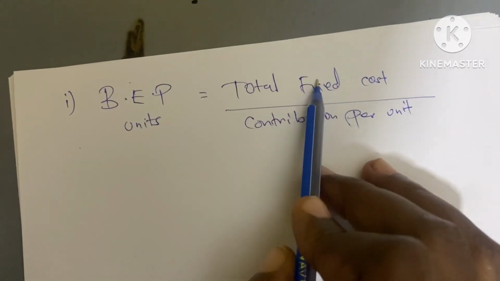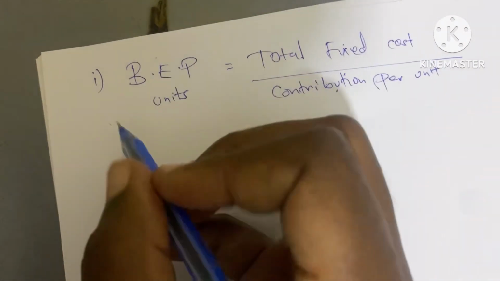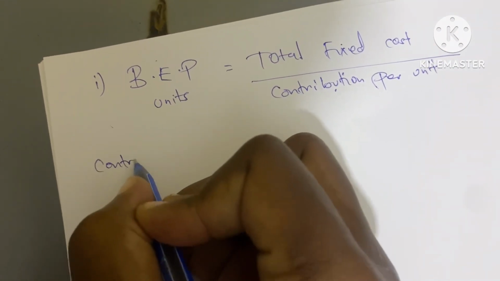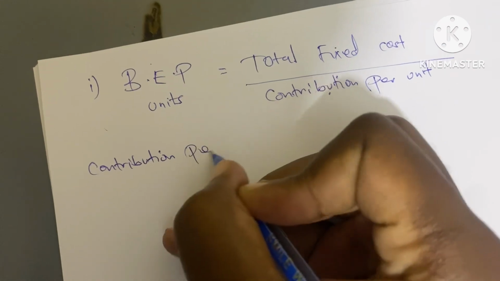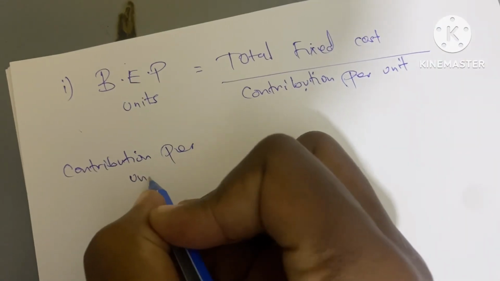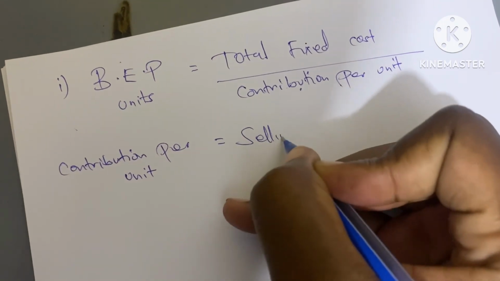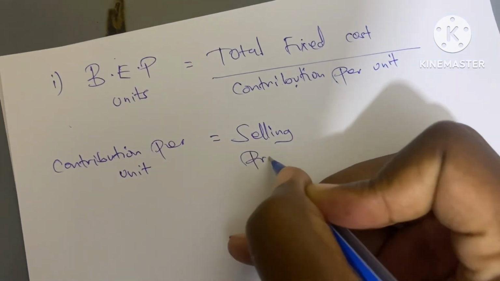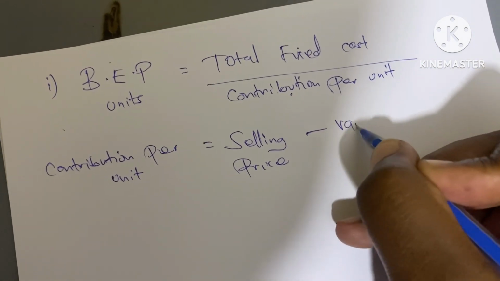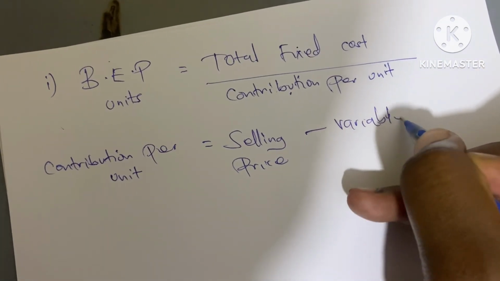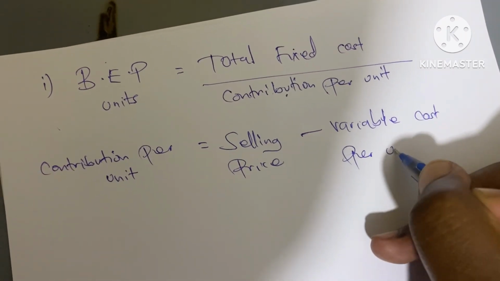So we have the total fixed cost, but we don't have the contribution per unit. But how do we get the contribution per unit? Contribution per unit equals to selling price minus variable cost per unit.